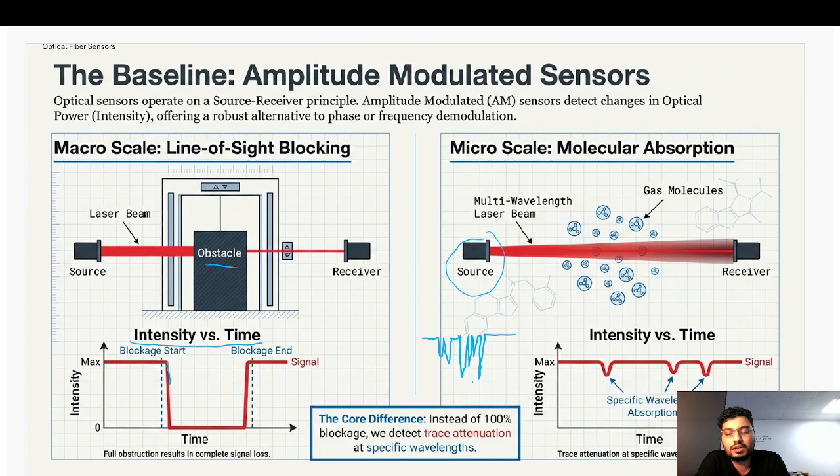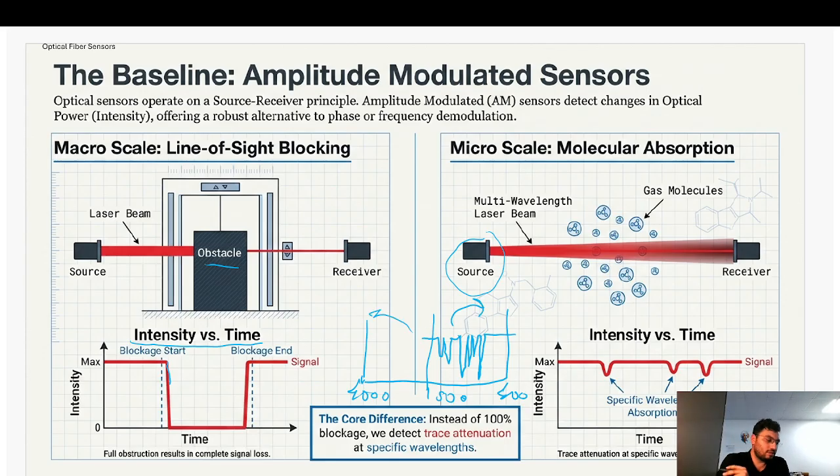Just to tell you, in IR the fingerprint region is 400 to 1500 something, and from there onwards up to 4000 wave number it is the functional group region. This is the fingerprint region, and this is the functional group region.